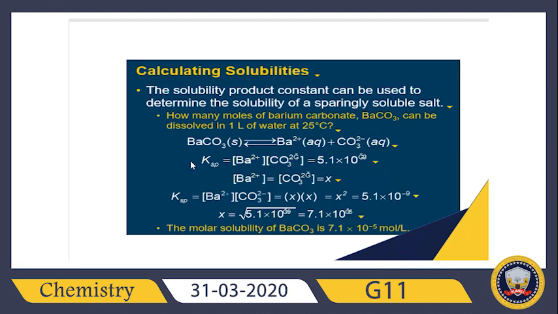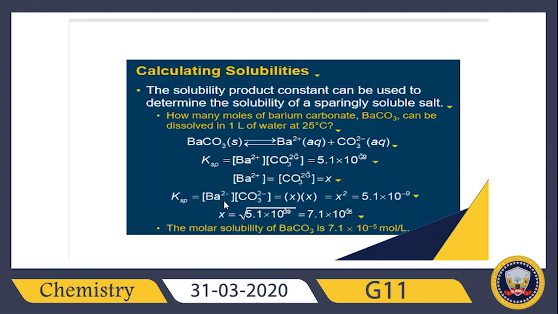Okay, so guys, as I said, at equilibrium, the solubility, which is the unknown, we will represent here by X. So X, which is the solubility, is equal to the concentration of carbonate ion, and at the same time is equal to the concentration of barium ion. Okay, and now guys, Ksp is equal to what?